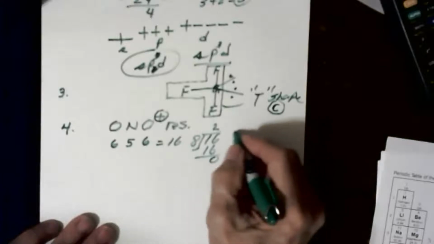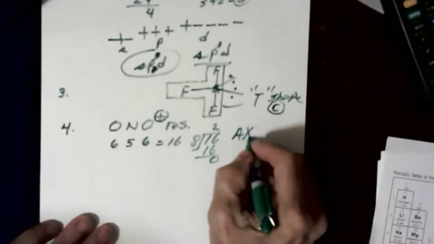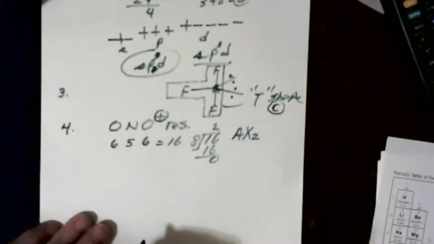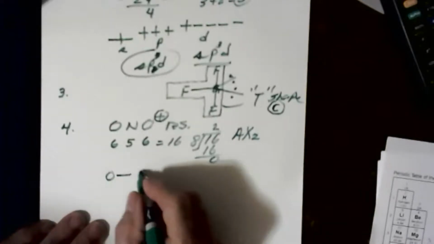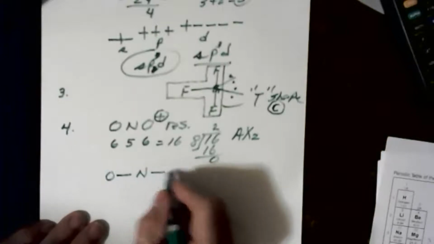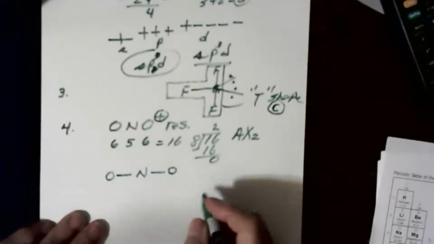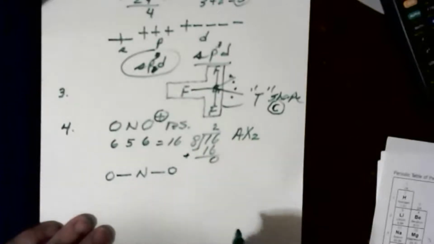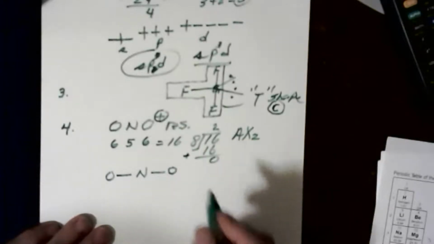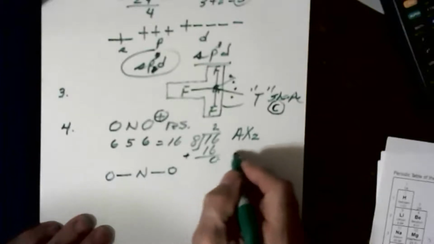And so I've got an AX2 type molecule. That's going to be linear. So I'm going to have an O, an N, and an O, like that. And of course, it's going to be a +1 ion, but I've got to put the valence electrons in. Now, here is an important thing.